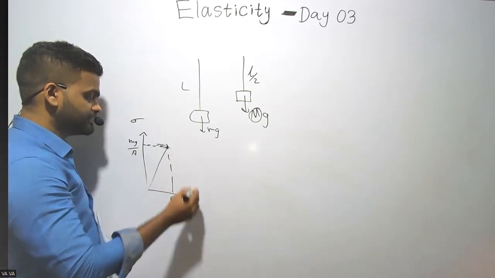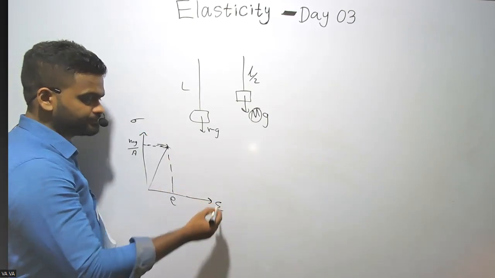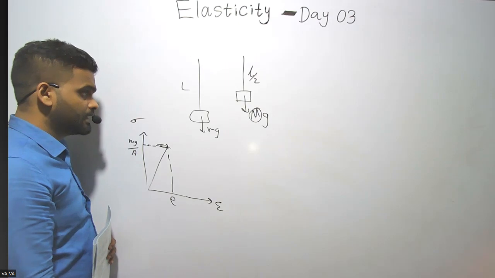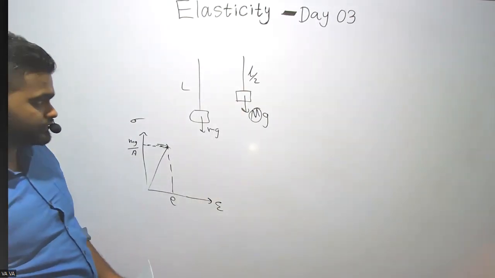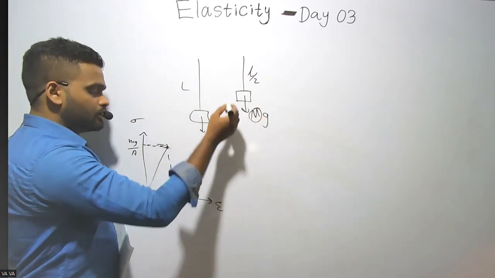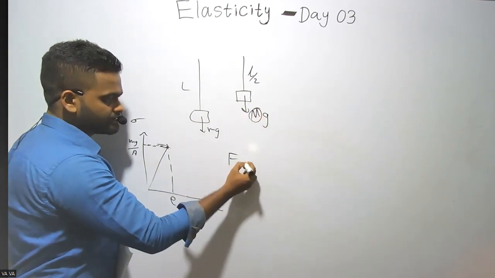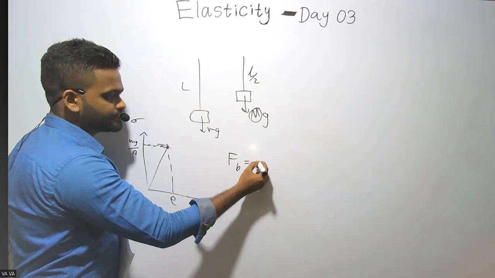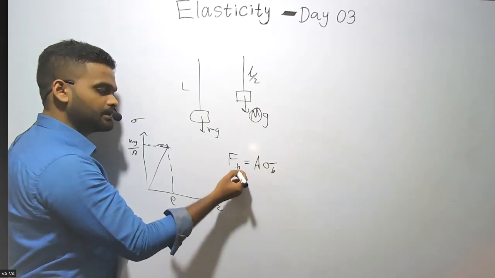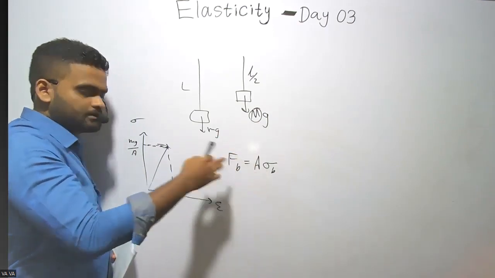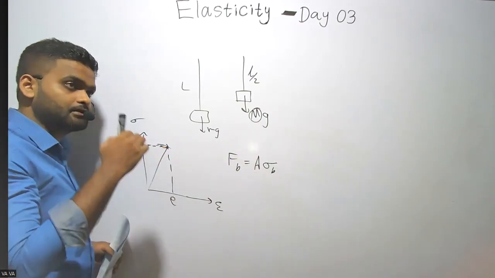So this is stress, this is strain. Then when you use half of the wire, remember this equation? F break equals cross section times sigma break. The proportional limit is also similar. It is a special limit, right?